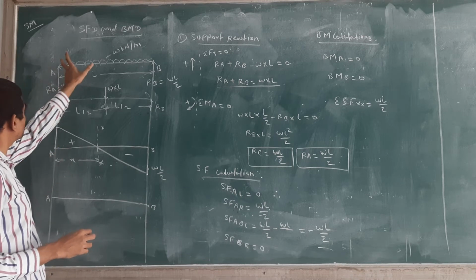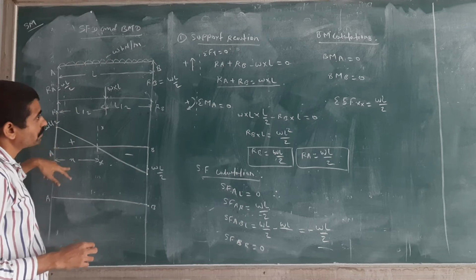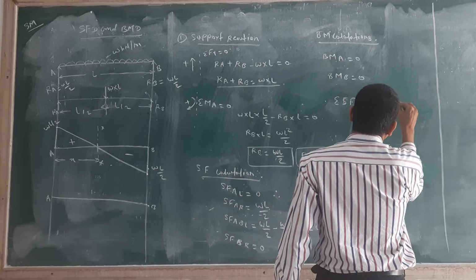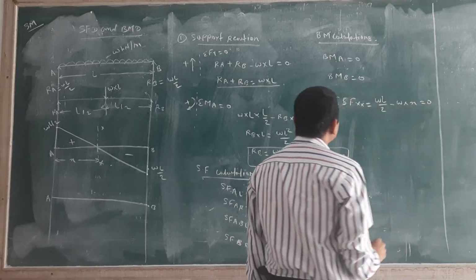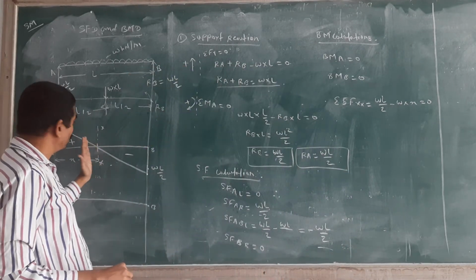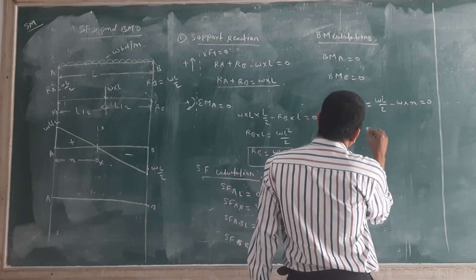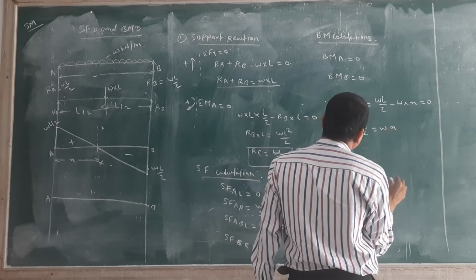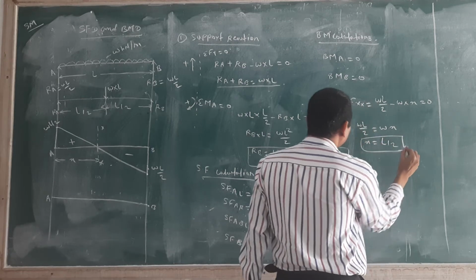Here is a UDL W, means W into x, again in the downward direction. Minus W into x is equal to 0. Summation of SF at section XX is equal to 0. Then you will get WL by 2 is equal to W into x, and x is equal to L by 2.